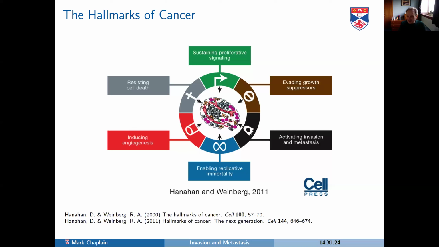So they tried to distinguish between normal and cancer in a sort of minimal way. They tried to get down to the key differences between normal cells, normal tissue, and cancer cells, cancerous tissue. And they came up with 6 things.